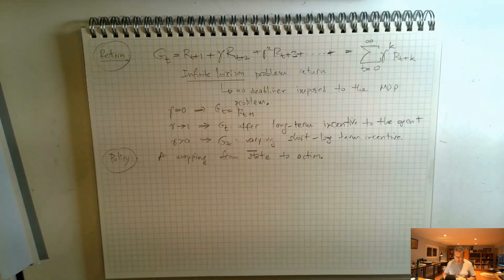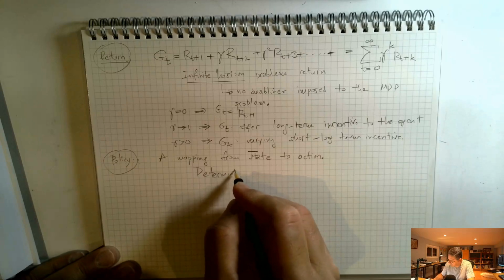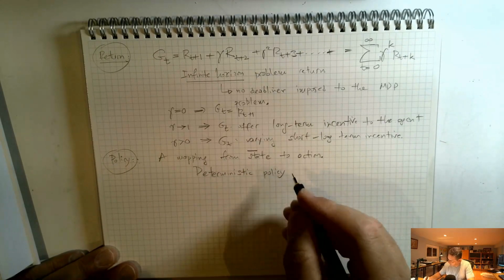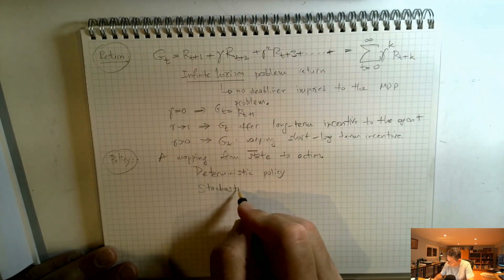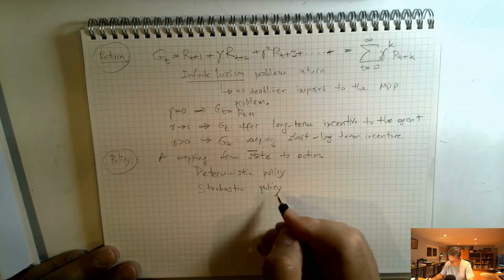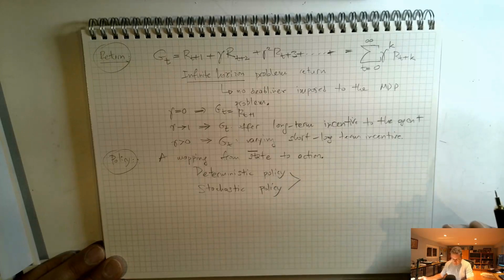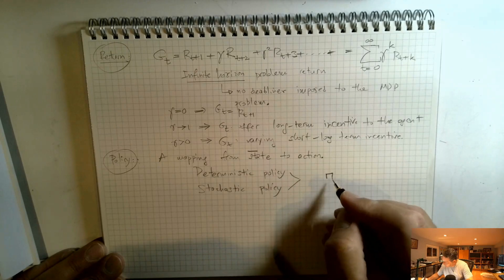Right now we are at the definition stage. We have effectively two types of policies: the deterministic policy, and the random or stochastic policy. Both can be accommodated by treating pi as a probability distribution.